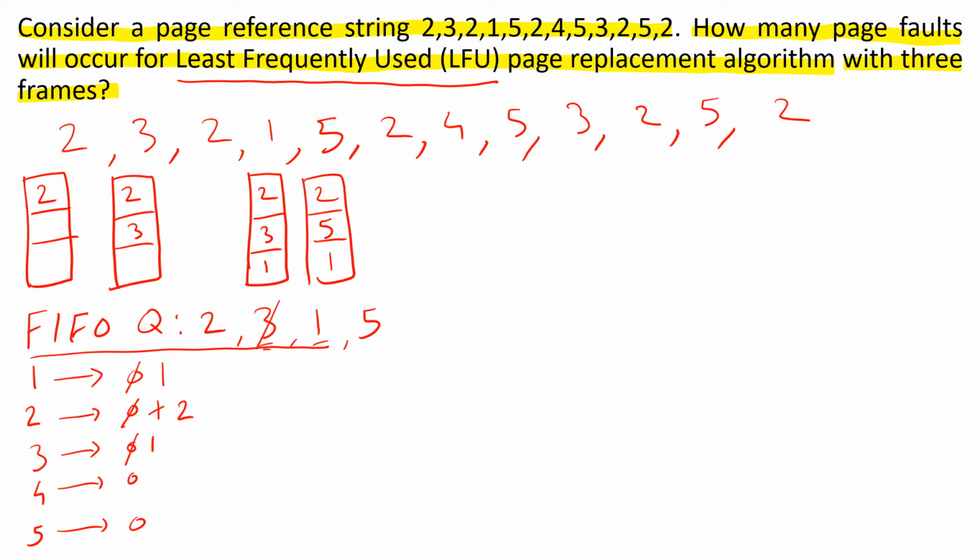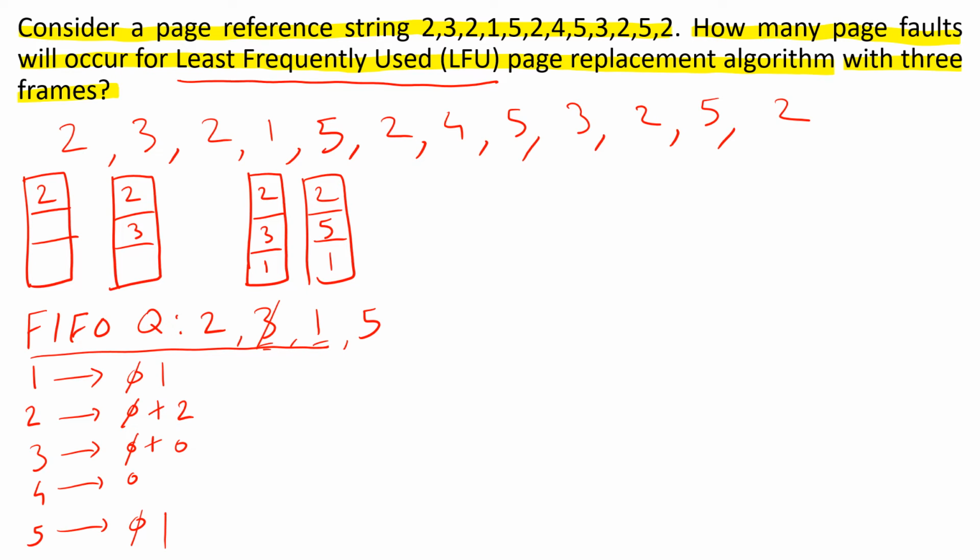The reference count for 3 resets to 0, and the reference count for 5 becomes 1 because 5 is just used. So whenever you throw out a page from main memory, you reset its reference count to 0. That is what you have to remember.